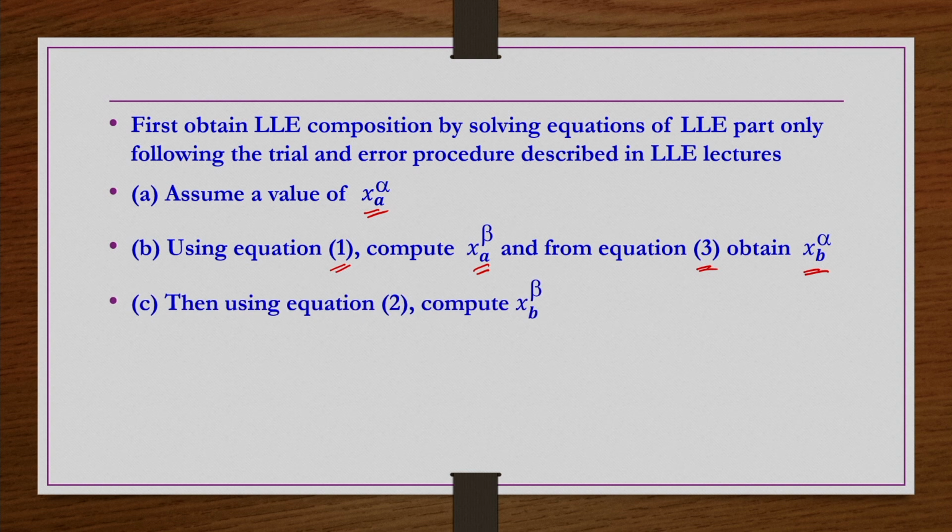Then using equation 2 you compute XB beta. Now all the values XA alpha, XB alpha, XA beta, XB beta are obtained, though with a starting assumed value.